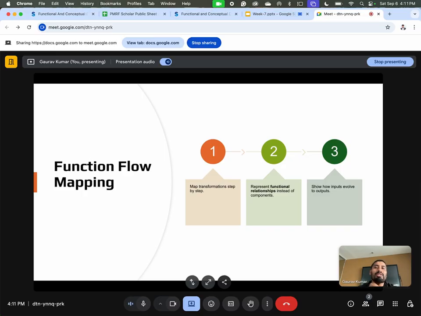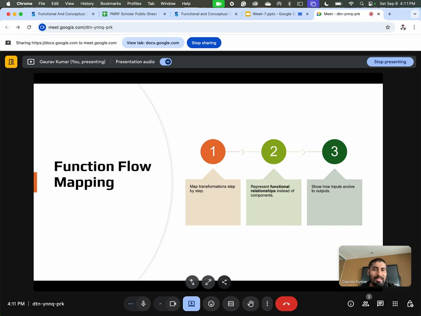So instead of focusing on mechanical or electrical parts, we focus on transformations such as convert energy, transport materials, or process signals. So the beauty of function flow mapping lies in its abstraction. By focusing on transformations, we avoid getting stuck in implementation details.